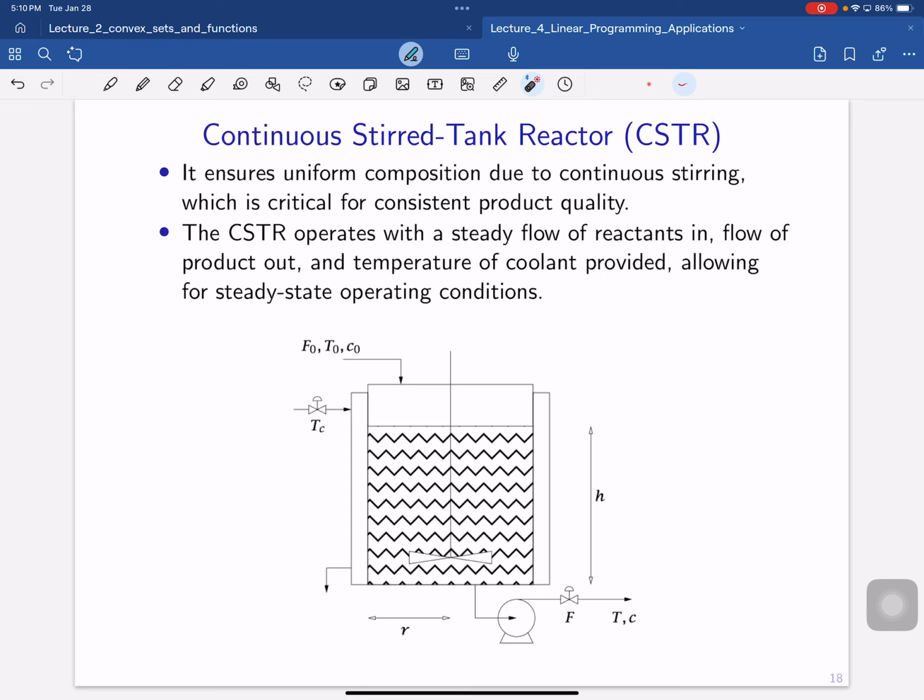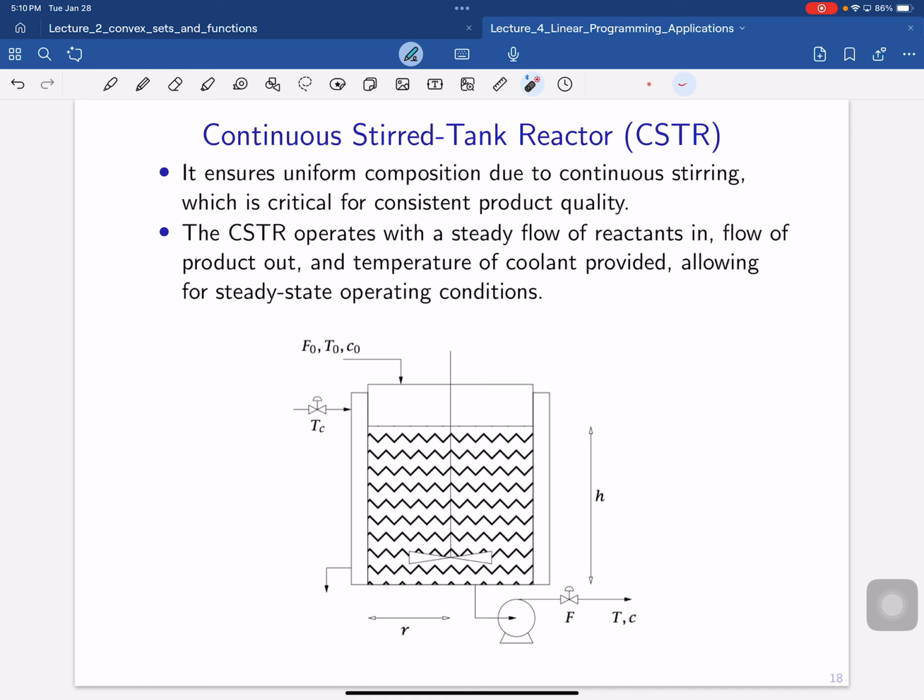Okay, so the CSTR is perhaps the simplest chemical process you can think about. The idea is the following. You have a reactor which will produce some chemical product. The inputs to the reactor are some flows of chemicals.